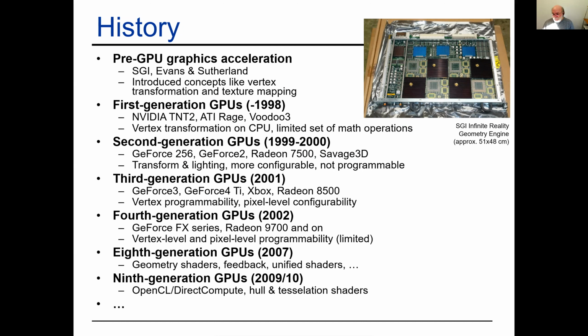So the pre-GPU graphics acceleration, the Evans and Sutherland machines or Silicon Graphics machines, they were the first to introduce a form of GPU where they had specific chips that, for instance, performed the transformation of vertices.